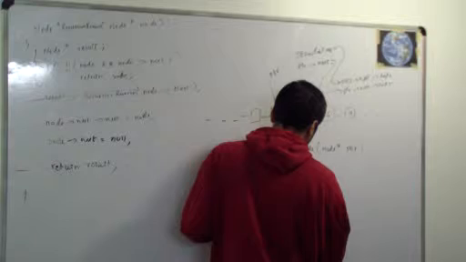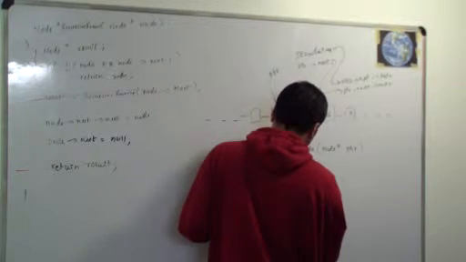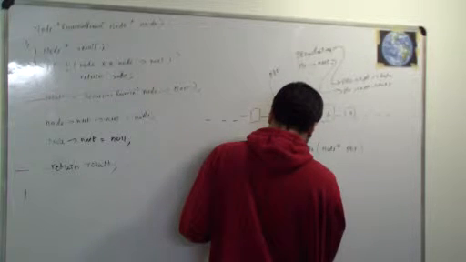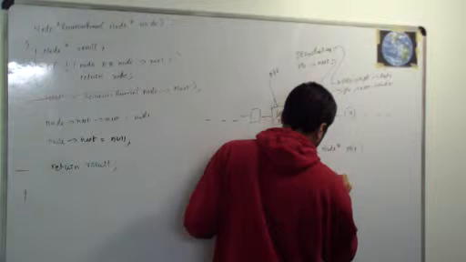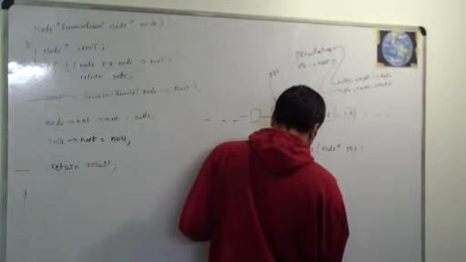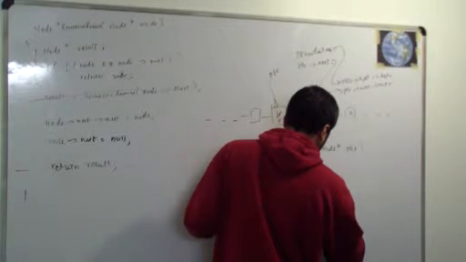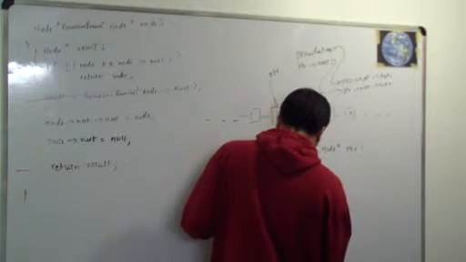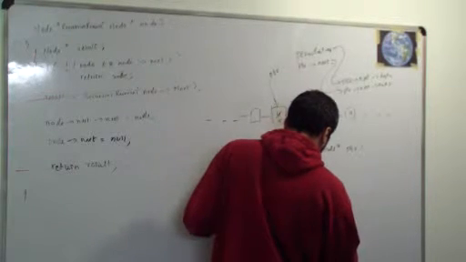Pointer data, actually first we will take node star temp equal to pointer next. Pointer data equal to temp data, pointer next equal to temp next.